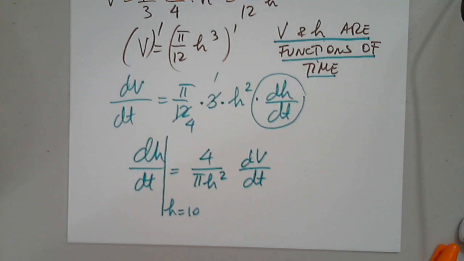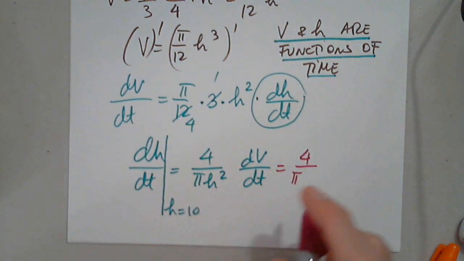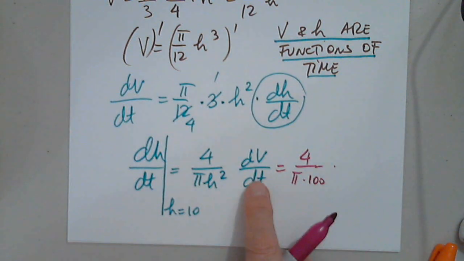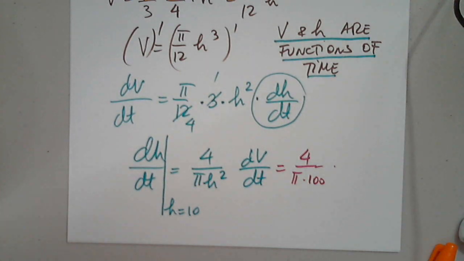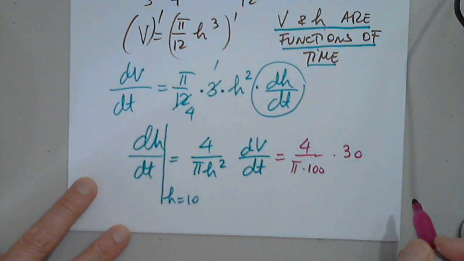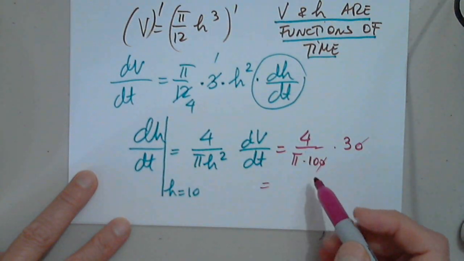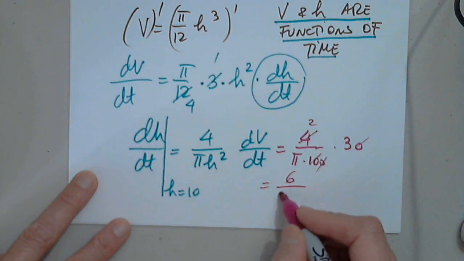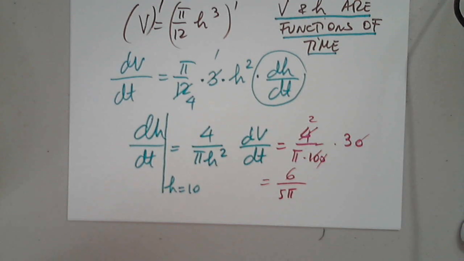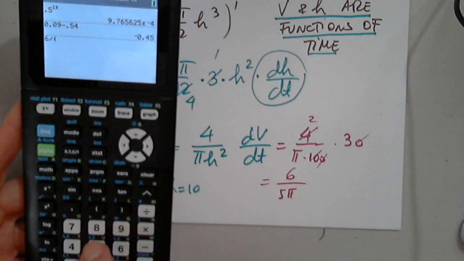Any questions before we plug it in? So 4 over pi, 10 squared is 100, times dV/dt, which is 30. So this is 6 divided by 5 pi, whatever that is. Put in parentheses please, 6 divided by 5 times pi.